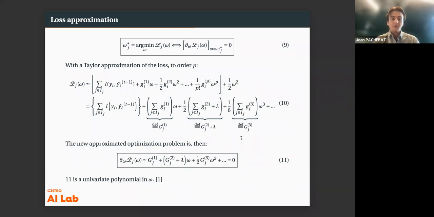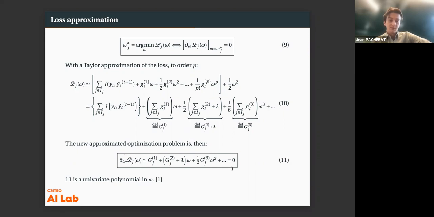One way to make this problem easier is to do a Taylor approximation of our loss on one node to order P. We can regroup the terms in a more standard way, and we have a new approximated optimization problem, which is equating this derivative to 0.